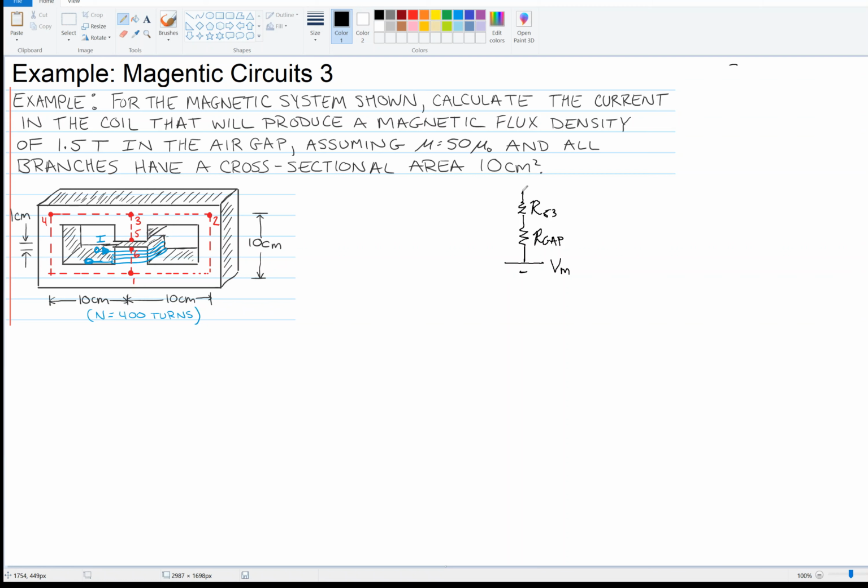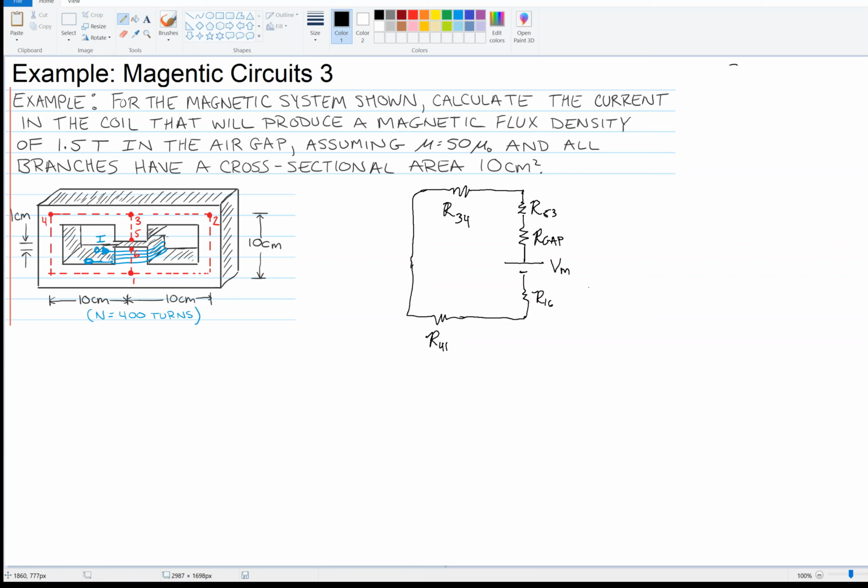And then I have a segment going this way, and so I'm going to put reluctance 3-4, like that, then I have reluctance 4-1, so I'll put that here, and then when I come up I have reluctance 1-6, so I'll put that here.